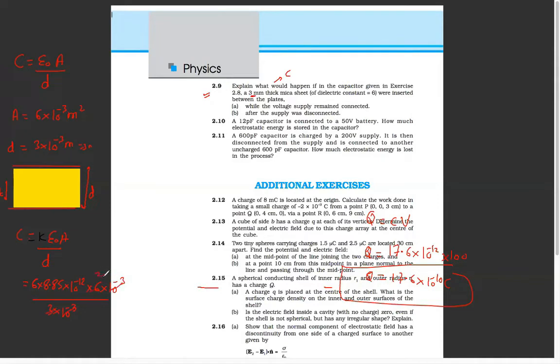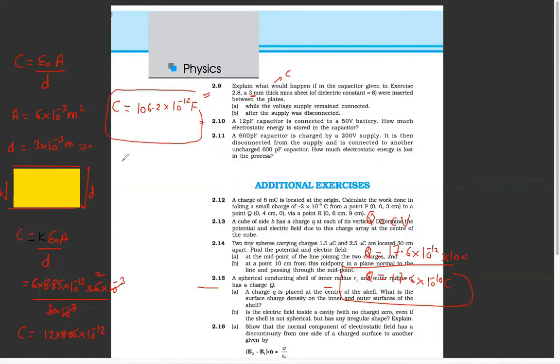So the capacity comes out to be 12 into 8.85 into 10 raised to the power minus 12, which is 106.2 into 10 raised to the power minus 12. So this is the capacity.